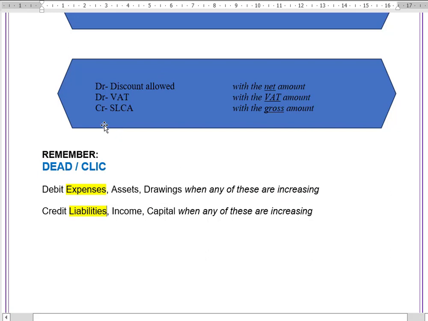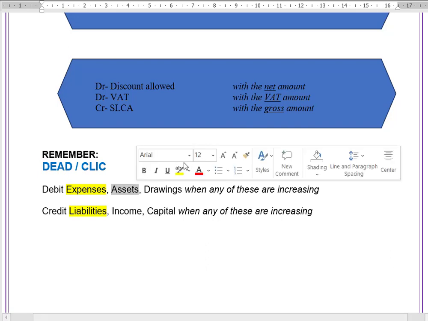And then we have SLCA. Remember, I've already said, when you sold the item, they're owing me £1,000. But now the person has come to pay you and they're paying you £980. But £20 is a discount that they are taking on. So that means that your debtors is reducing. Your debtors is an asset. And if the asset is reducing, you are doing the opposite in this case.